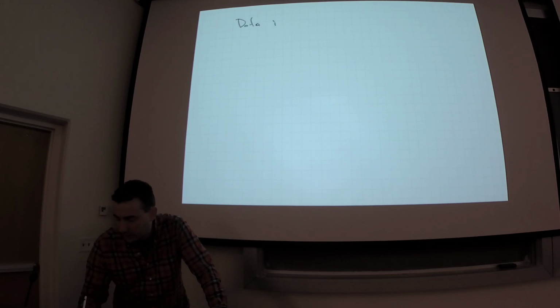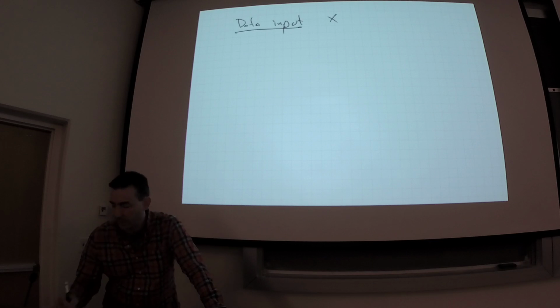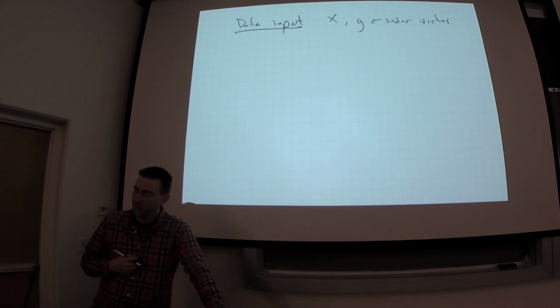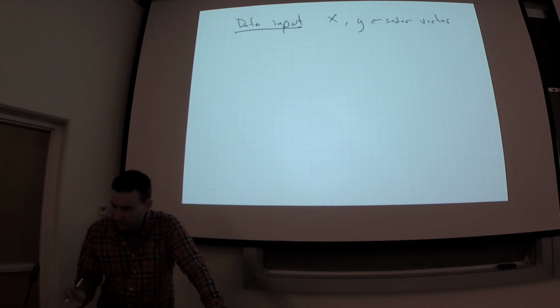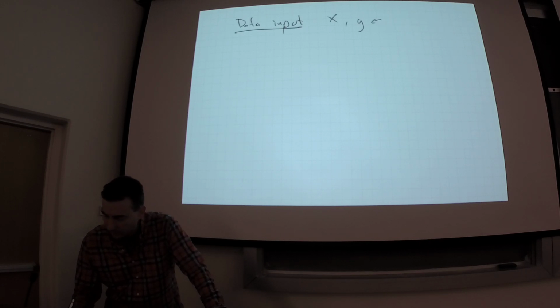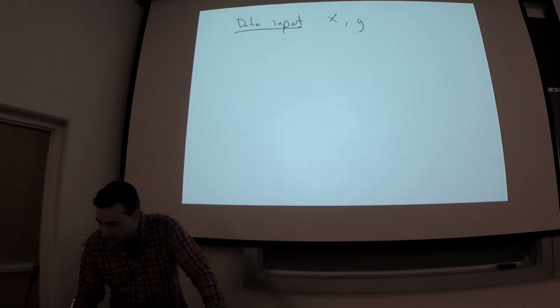So the data input is going to be x and some y. And this y in this case is going to be a scalar, it's actually a scalar vector. So that's kind of confusing notation. That's opposed to the classification setting where it's just a binary label.